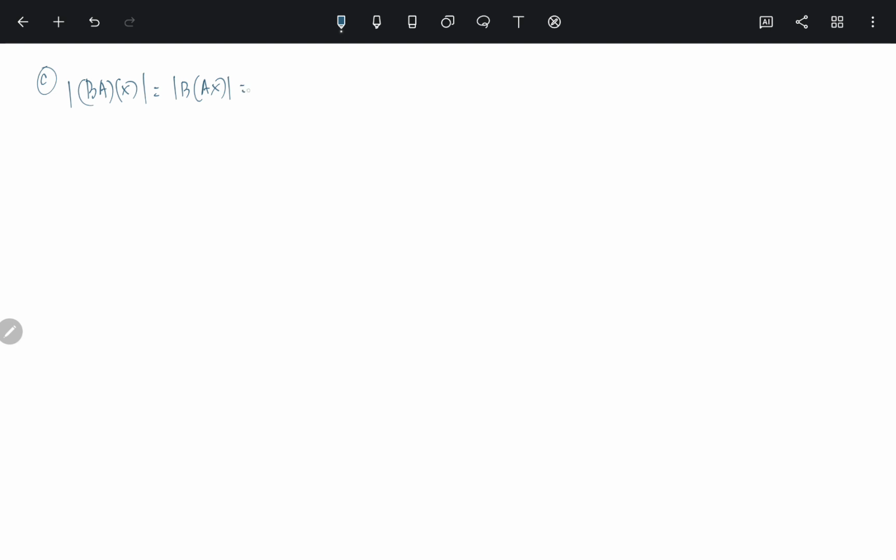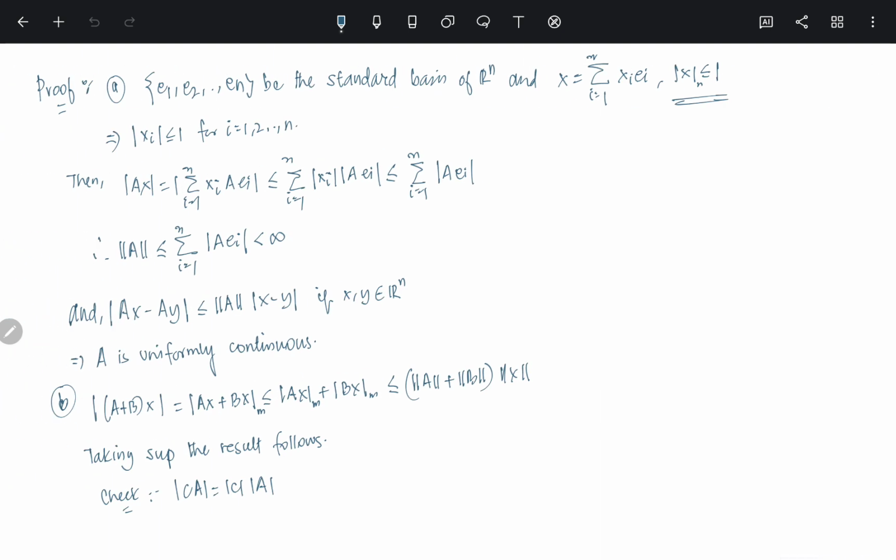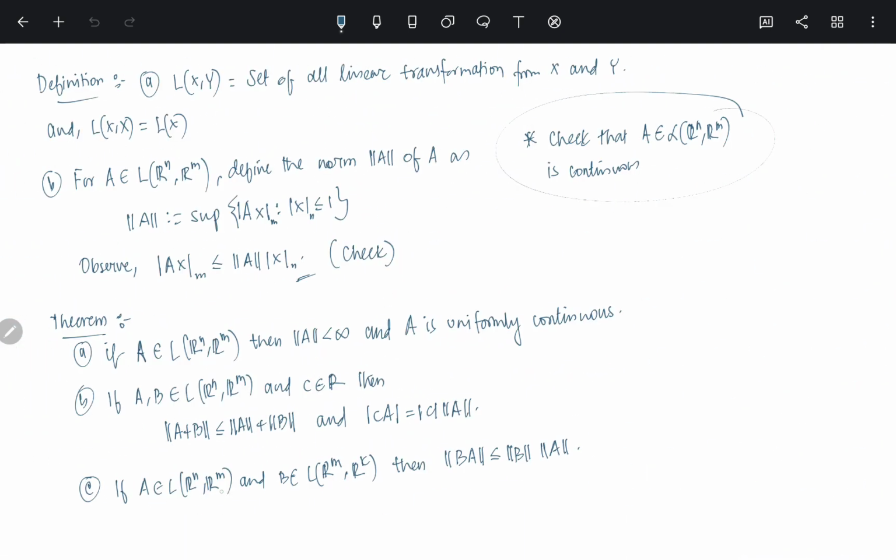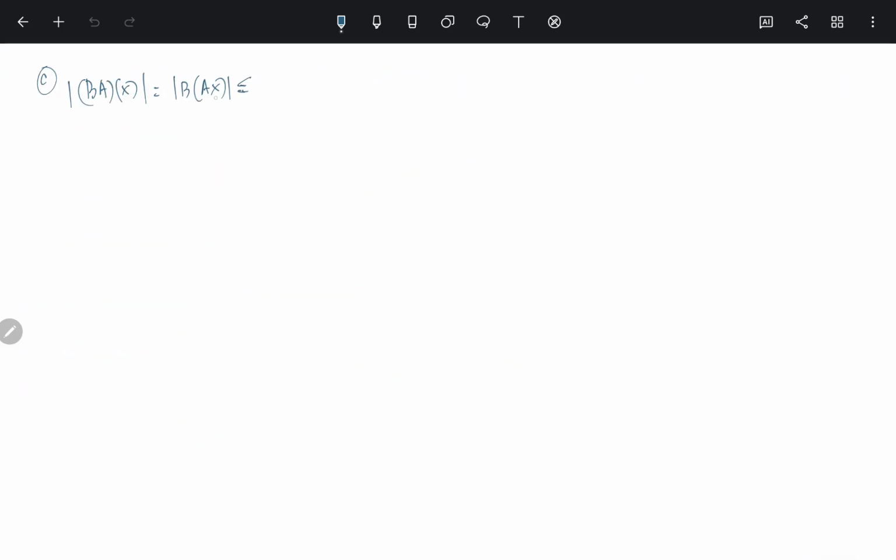A x is an element of R^m, B acting at the element of R^m gives an element of R^k, so this is the norm in R^k.